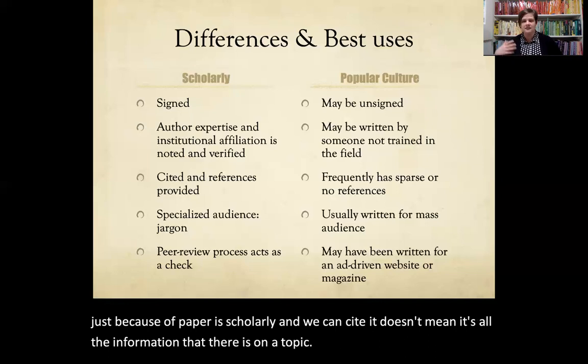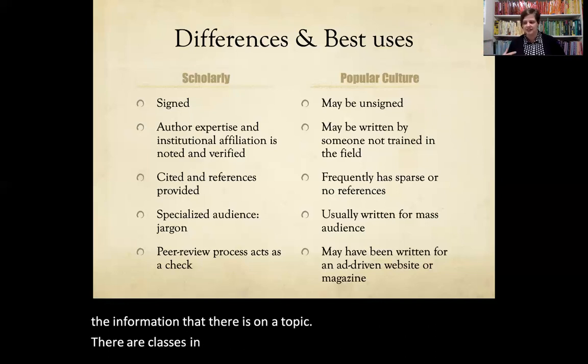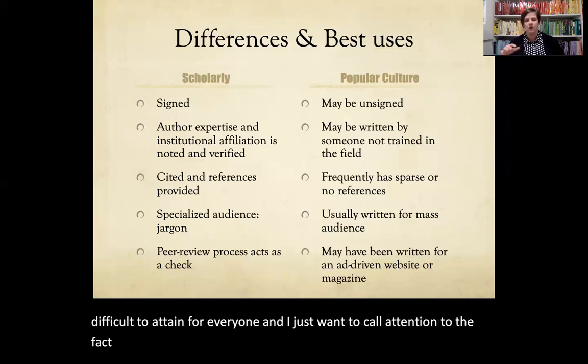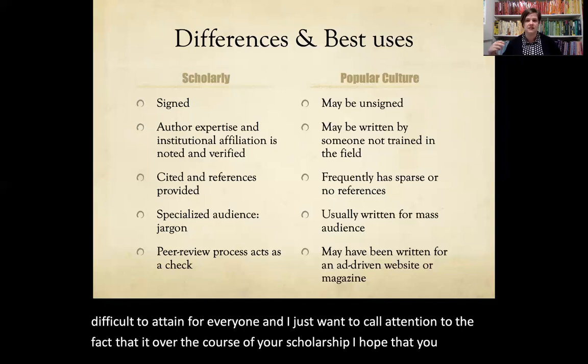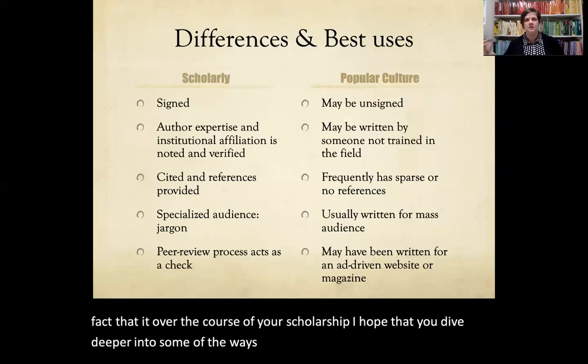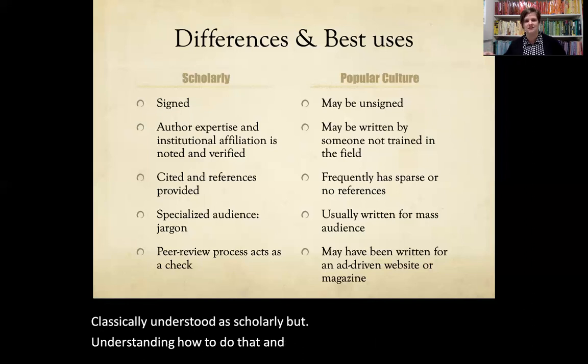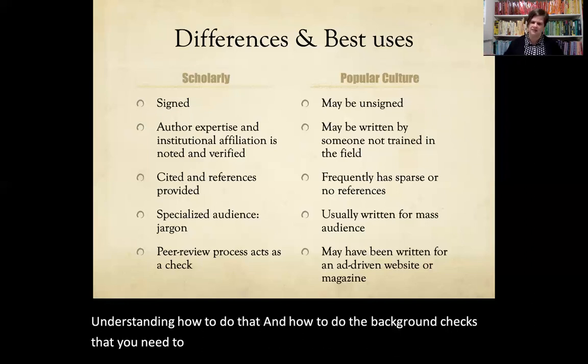There are classist and systemic injustice reasons that make academia difficult to attain for everyone. I just want to call attention to the fact that over the course of your scholarship, I hope that you dive deeper into some of the ways that you can include material that is not classically understood as scholarly, but understanding how to do that, how to do the background checks you need, and how to cite the things that you would need to, that's sort of next-level work.